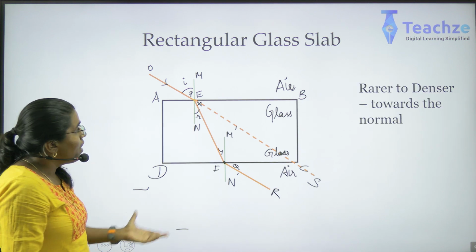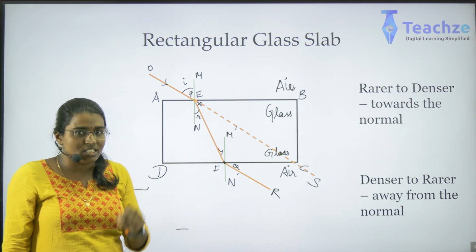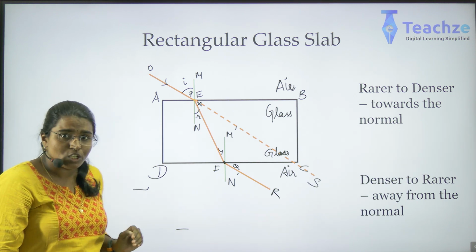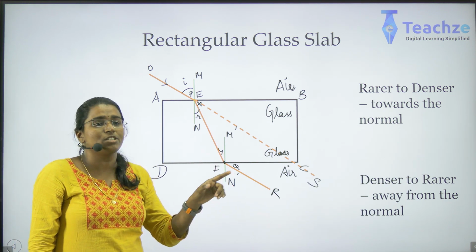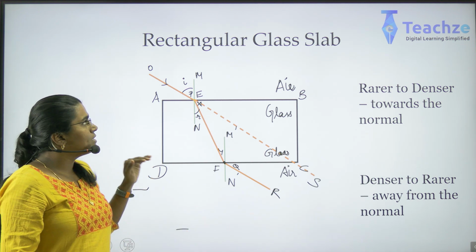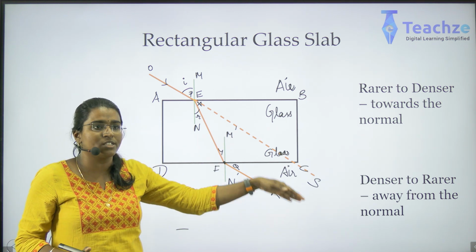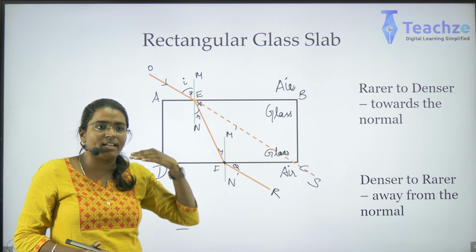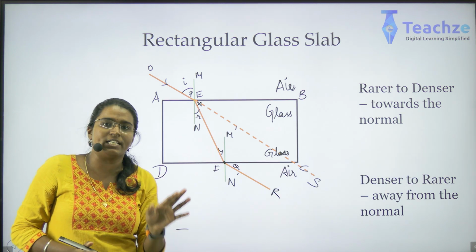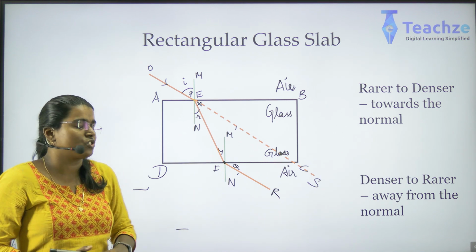So whenever there is a light ray coming from a rarer medium to the denser medium, it will go towards the normal, and from denser medium to rarer medium, it will go away from the normal. Okay. So this is how the rectangular glass slab works, and that is the conclusion. Whenever we go between optically rarer and optically denser mediums, the behavior of light will definitely change.